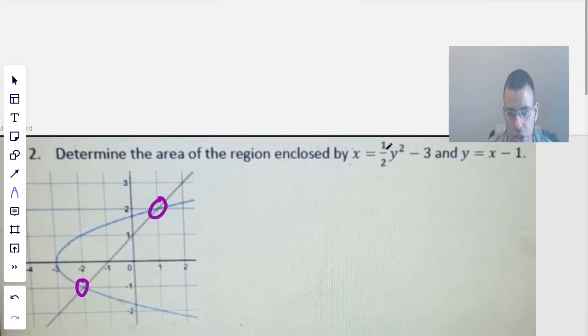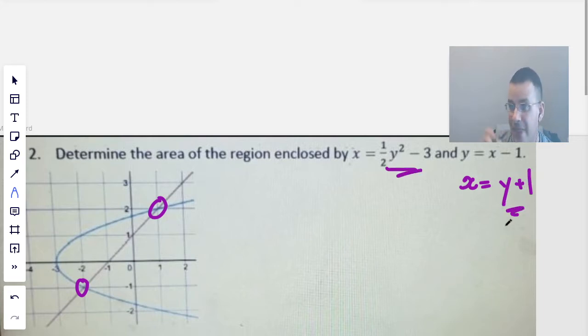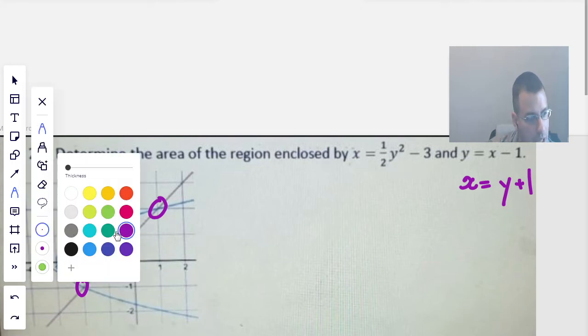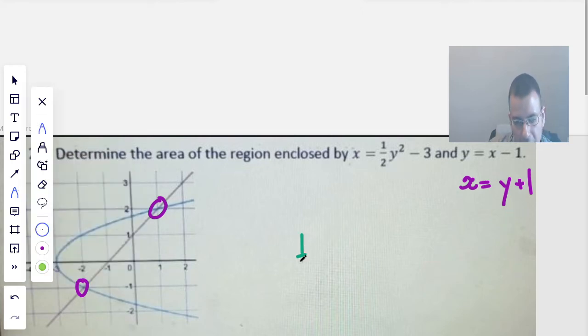Just to make sure, let's see here. I'm going to rewrite this line as x equals y plus 1, and find out where this equals that. So 1/2 y squared minus 3 equals y plus 1.